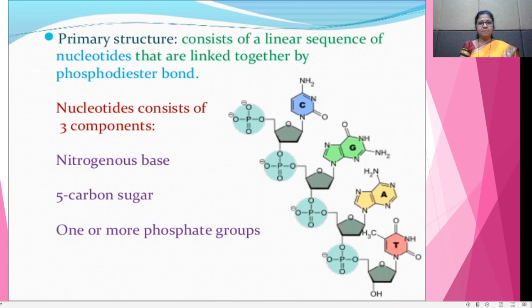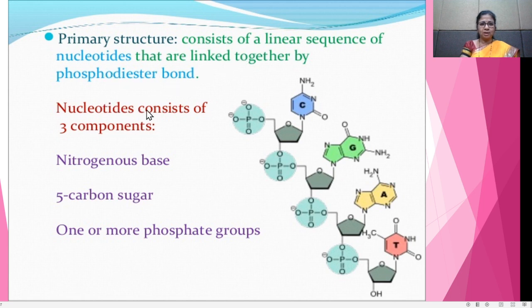Now see the primary structure. The nucleic acid consists of a linear sequence of nucleotides that are linked together by phosphodiester bonds.